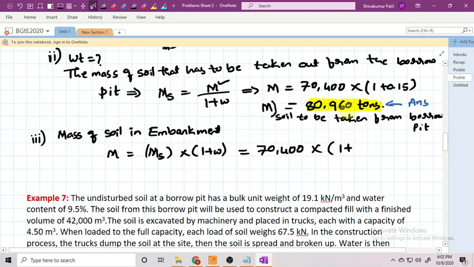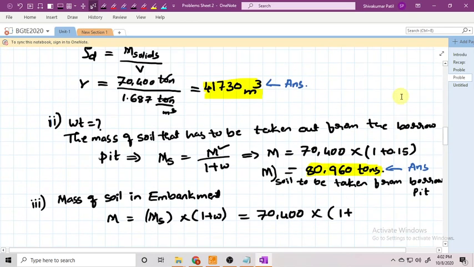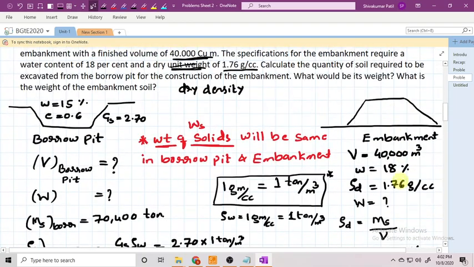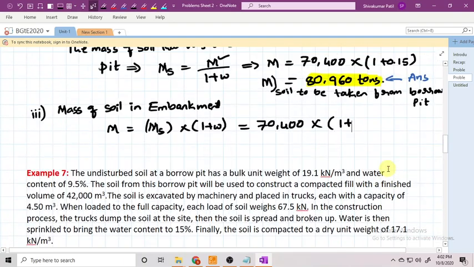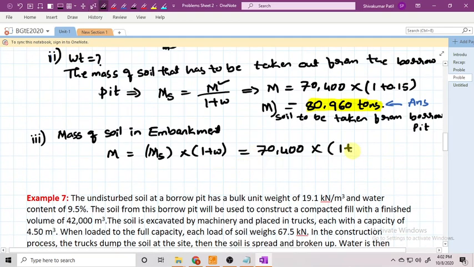In the borrow pit the water content is 15%, but in the embankment the water content is 18%. So 0.18. If you calculate this one, you will get 83,072 tons.